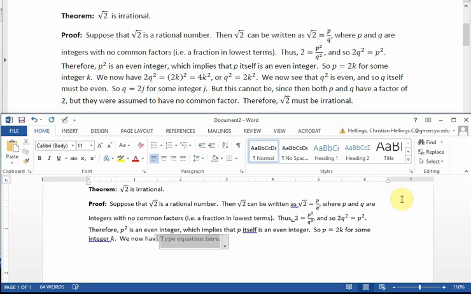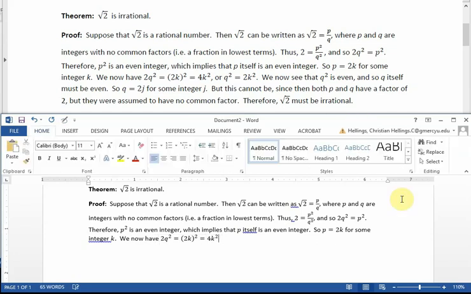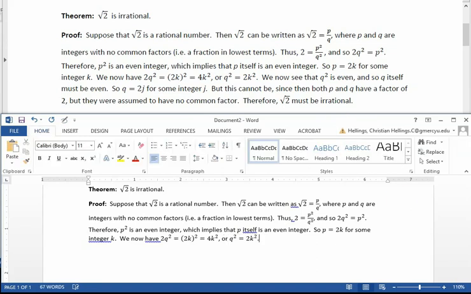We now have Alt equals 2Q caret 2 equals parentheses 2k parentheses caret 2, hit space, equals 4k caret 2 space, right arrow key, or Alt equals Q caret 2 space equals 2k caret 2 space, right arrow key, period.